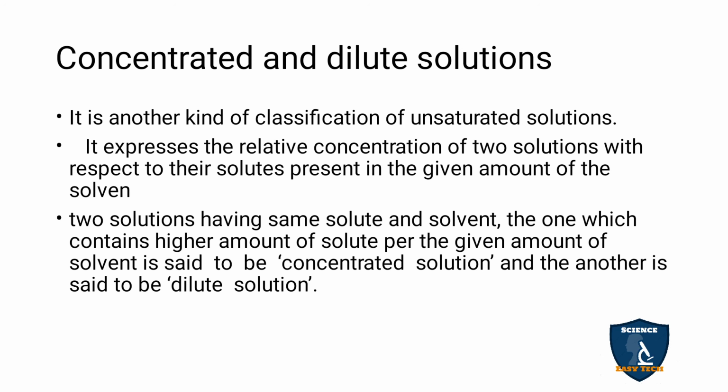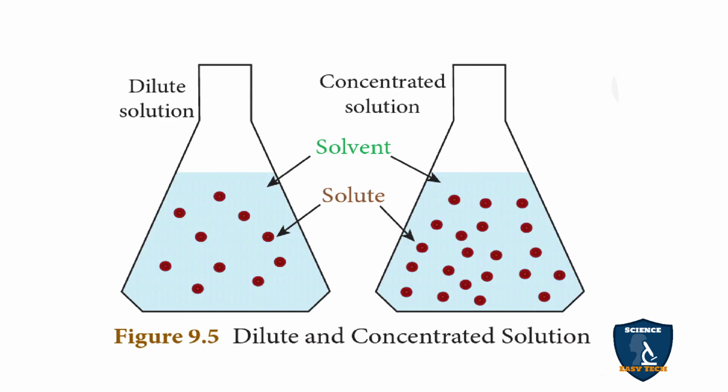But if you need a strong coffee, it is called a concentrated solution. Now you understand concentrated and dilute solutions. Here you can see this is a dilute solution: the solute is lesser and the solvent is more. But in the concentrated one, the solute particles are more and the solvent is lesser.